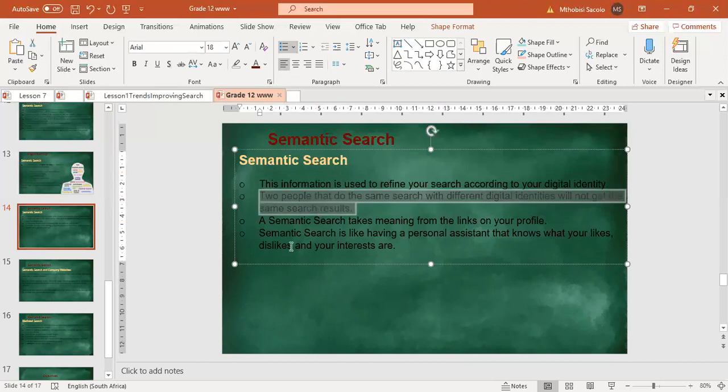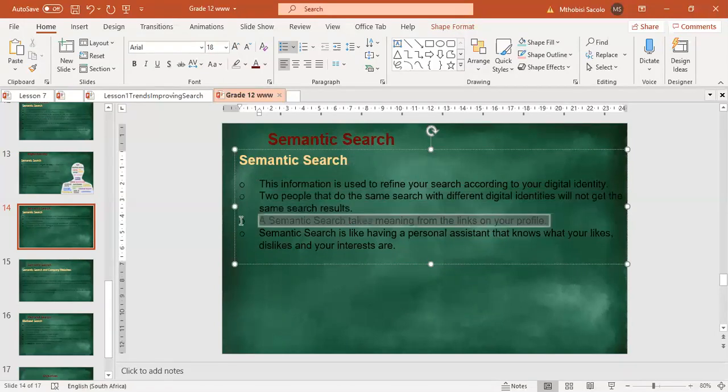If I search something and another person searches the same thing, we are not really going to get the same results because of our digital identities. So Google now really knows that this person is probably looking for this thing. Another person searching with their different digital identity will get different results, because our profiles are created differently.